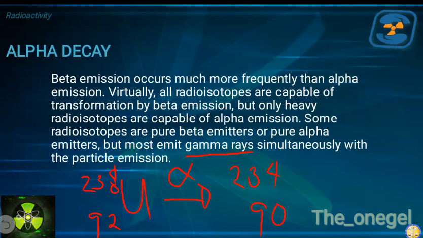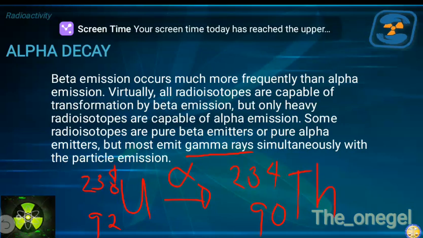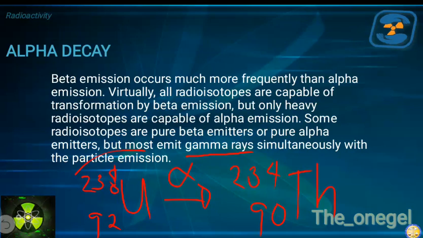Now, identify mo ano yung element number 90. Ano yung element na may atomic number ng 90? That is yung paboritong element ng mga girls, si Thor. Thorium. So, from uranium-238, pag mag-undergo siya ng alpha emission, magiging thorium-234.